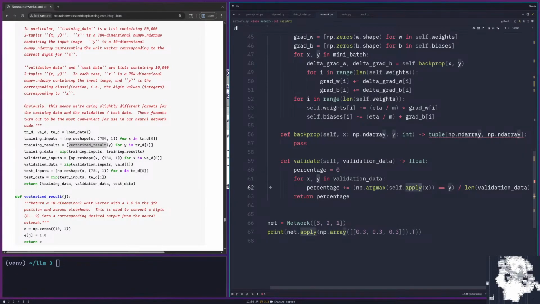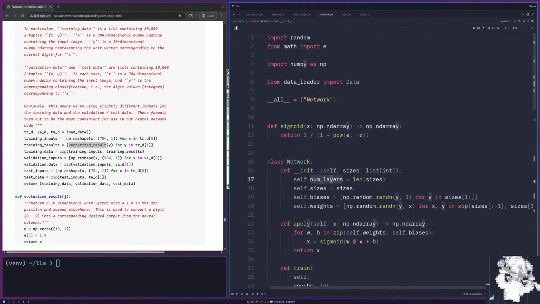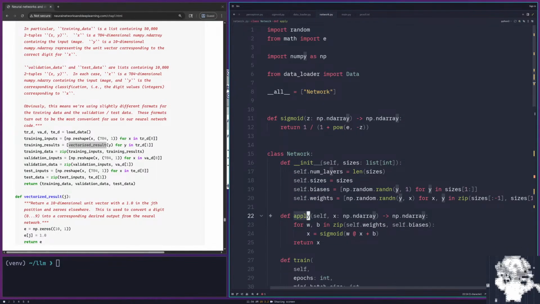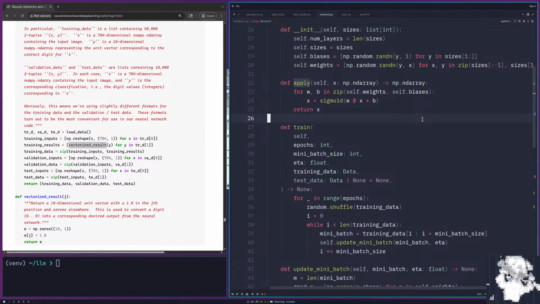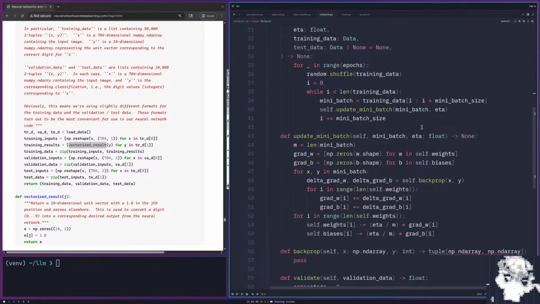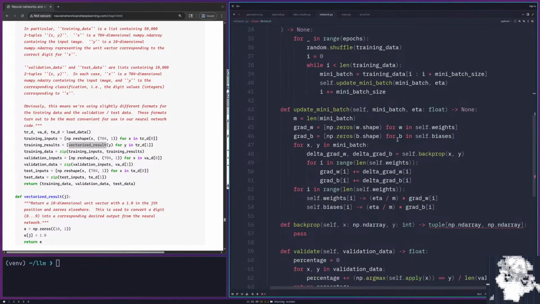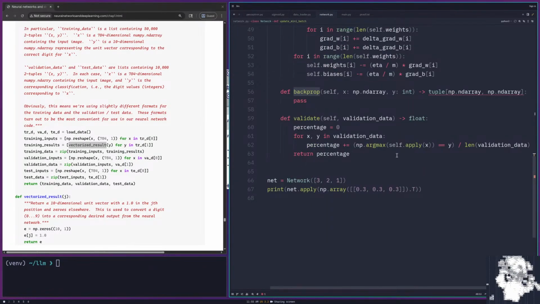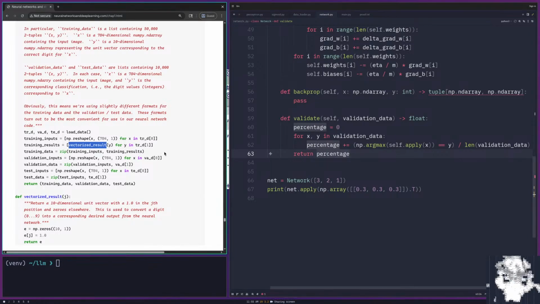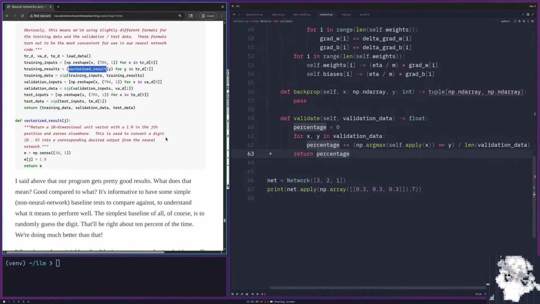When do we use y? We don't actually use it yet, right? We just pass it into backprop, and then in the validation we're doing it correctly. So yeah, they're doing it a different way, but that doesn't matter. Okay.